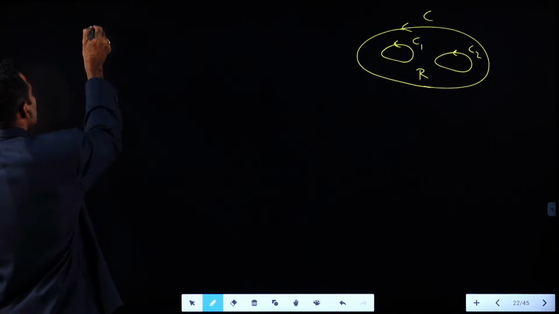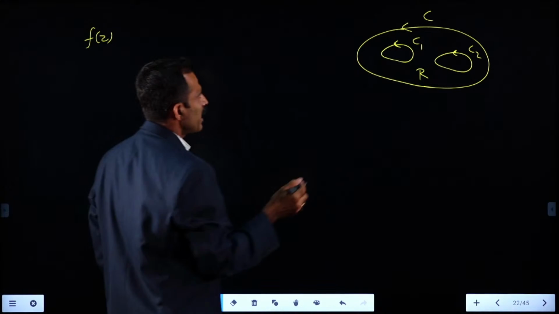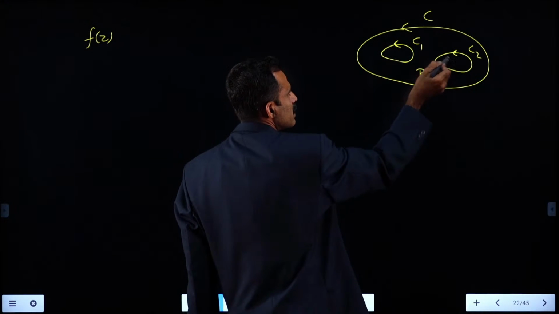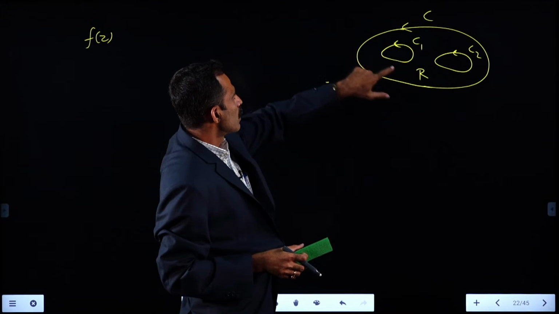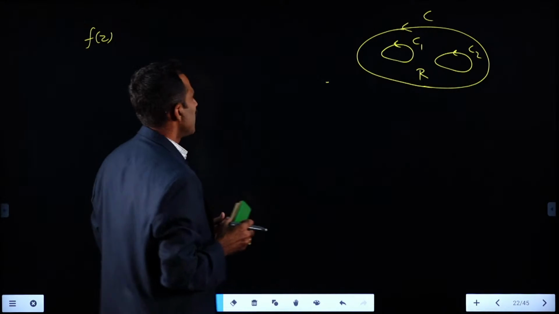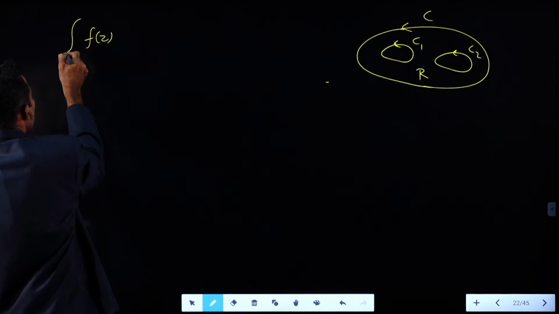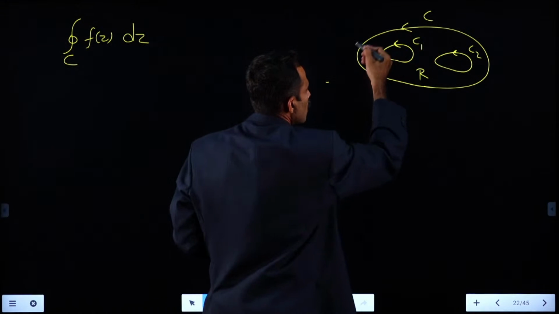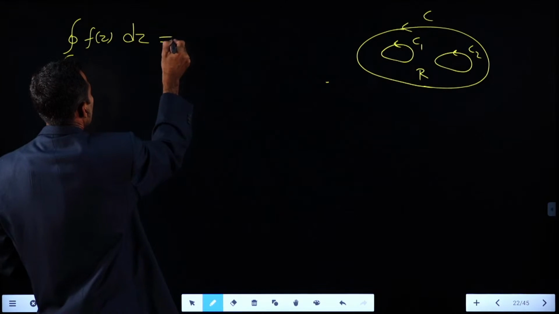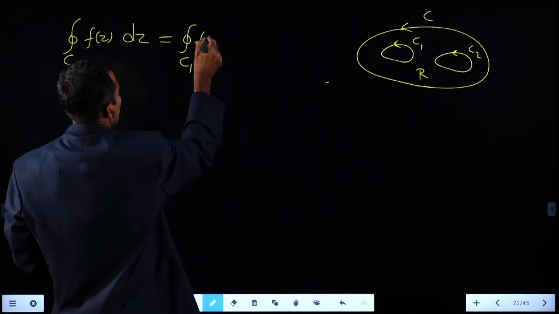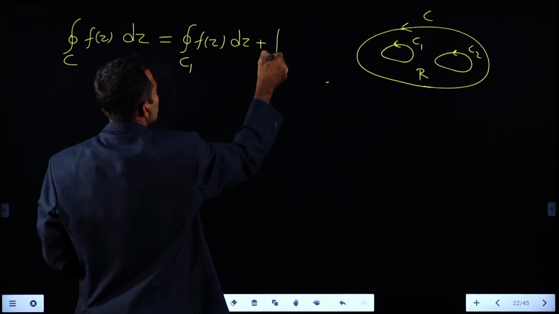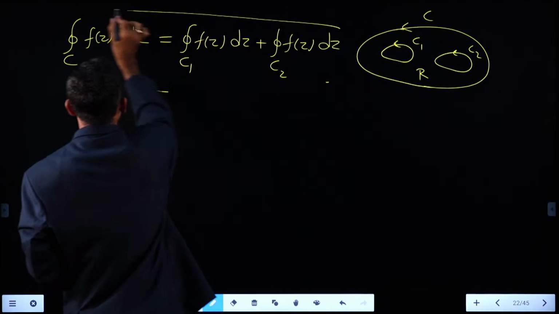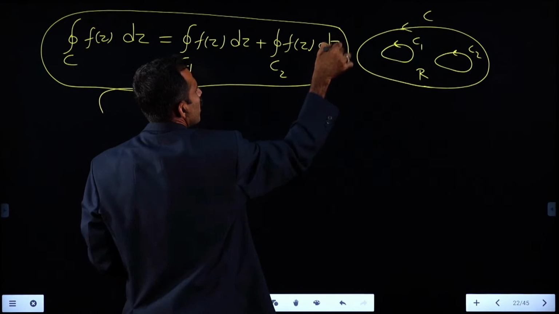If a function f of z is analytic at every point inside C, outside C1, C2, not inside C1, not inside C2, so in this region R the function is analytic, then the integral along the closed curve C is equal to the integral along C1 f of z dz plus the integral over C2 f of z dz. This is Cauchy's theorem for a multiply connected region.